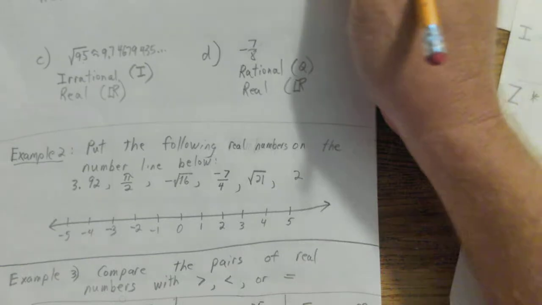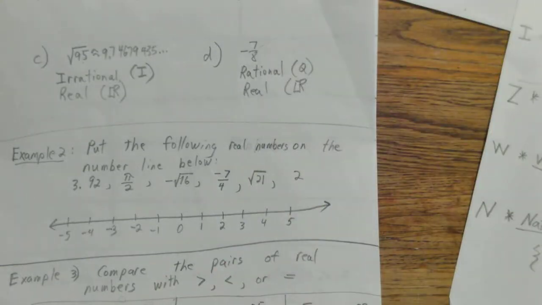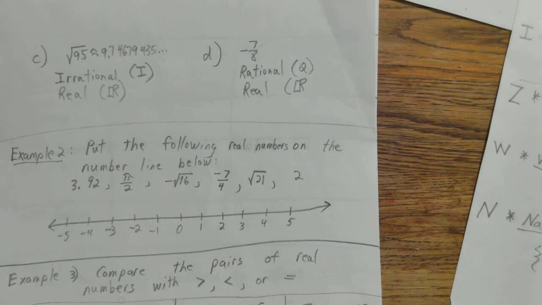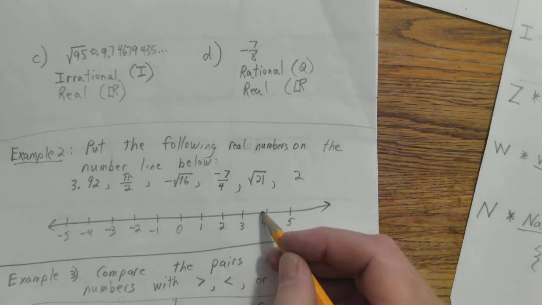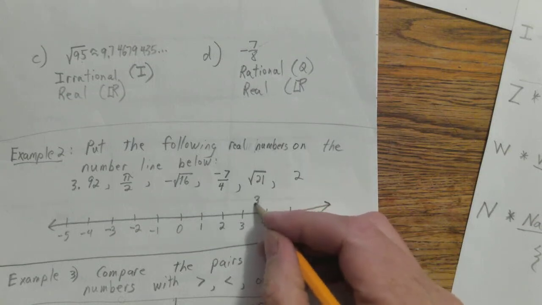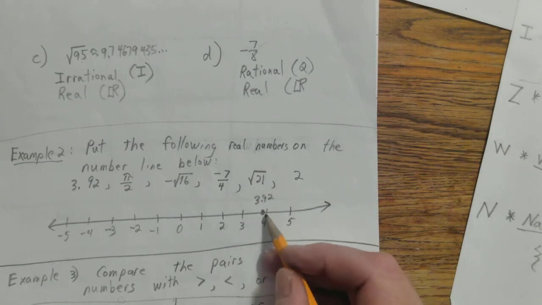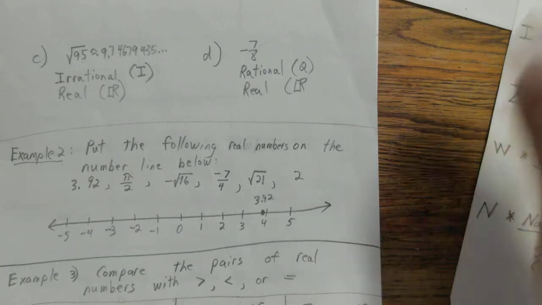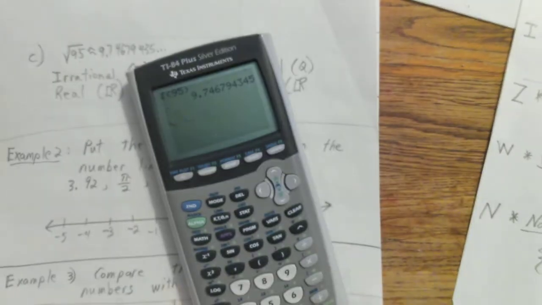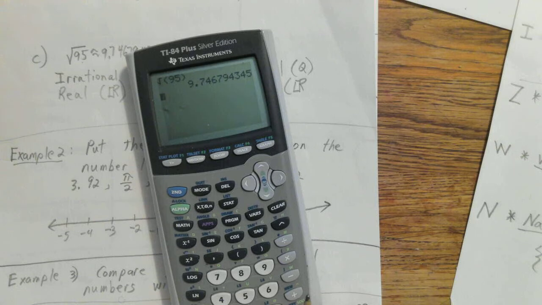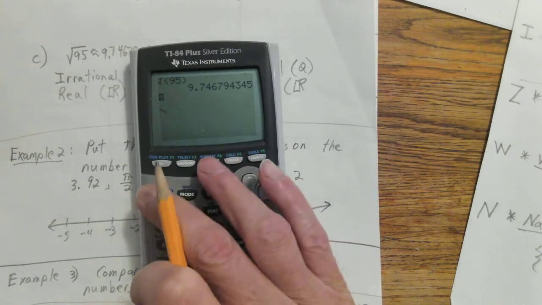Alright, just a couple more things just about the values here. Put the following numbers, real numbers, on the number line. 3.92. I'm going to put right here, which is really close to 4. Pi over 2. Now that's pi, 3.14 divided by 2.